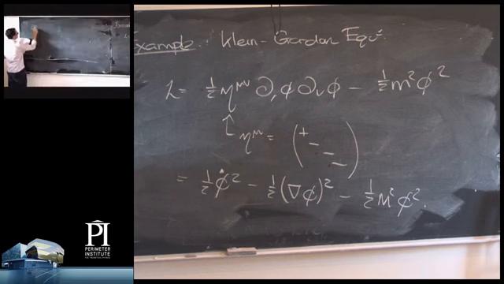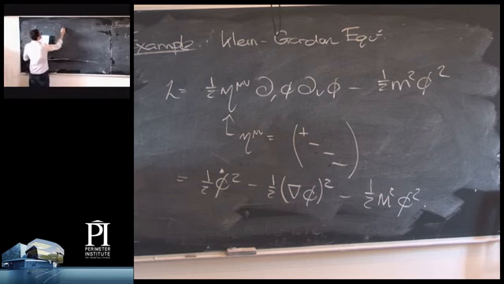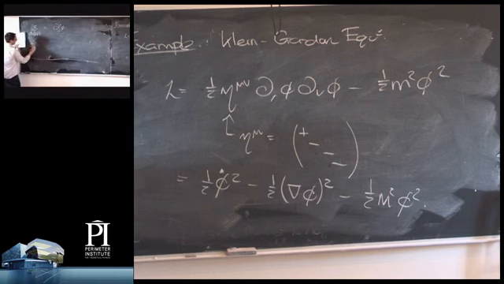Okay, so what are the two terms in the Euler-Lagrange equation?